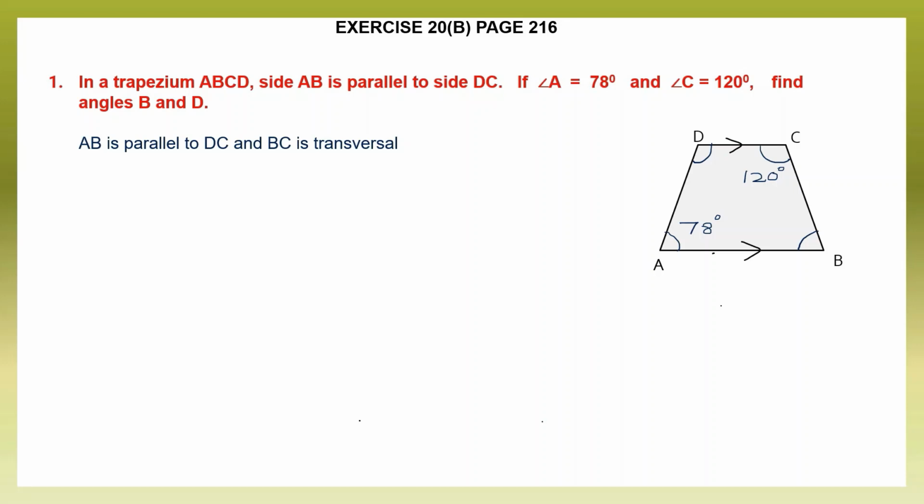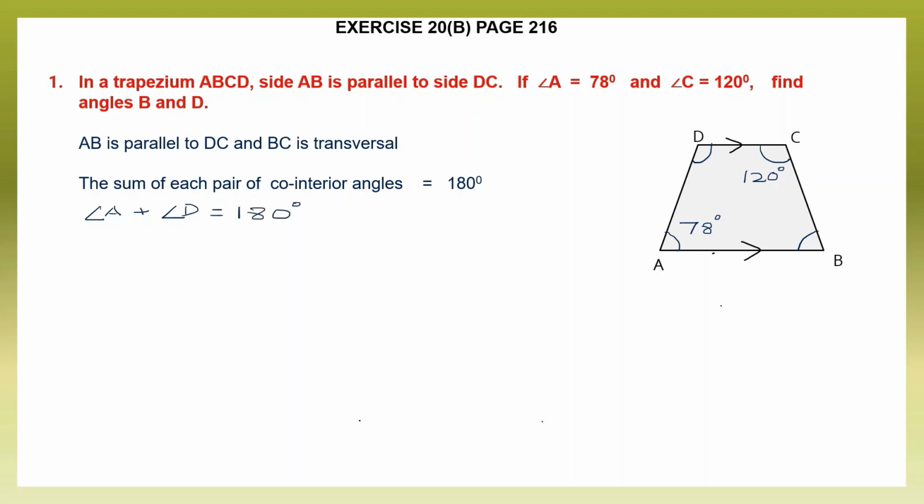The co-interior angles are A and D, and the other pair is angles B and C. And the sum of co-interior angles is equal to 180 degrees. That means angle A plus angle D is equal to 180 degrees.